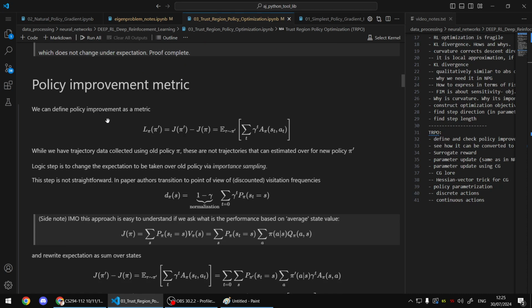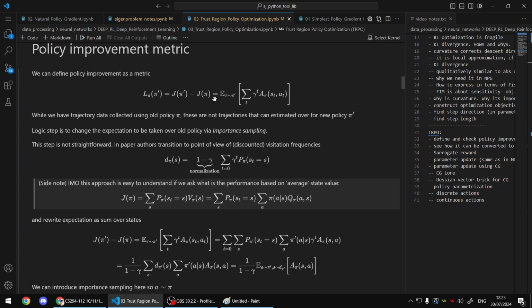Maybe we can define a function, this performance improvement metric for our new policy, which will be this difference. And now we have to do something about the fact that we are sampling the expectation basically over a new policy, which we haven't done.